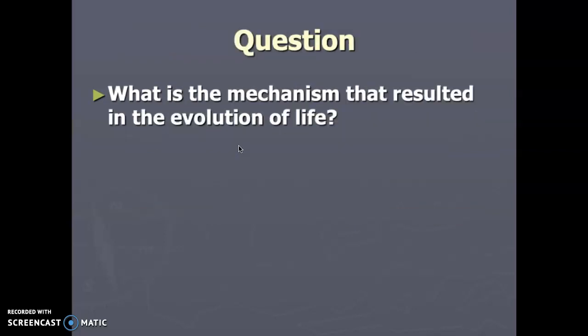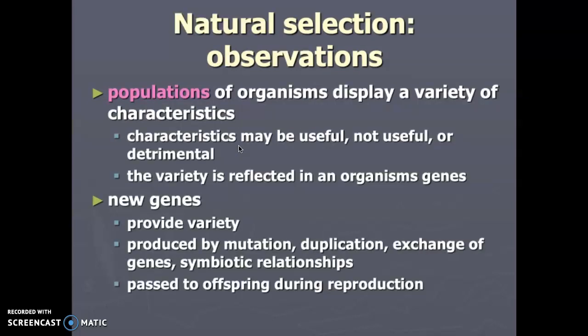So the question that then comes up is, if all life is related, what is the mechanism that resulted in this evolution? And so Darwin, after he returns on the voyage, gets married and is raising his family, and he's what would be considered a gentleman farmer. So he doesn't do the actual getting-his-hands-dirty type work.